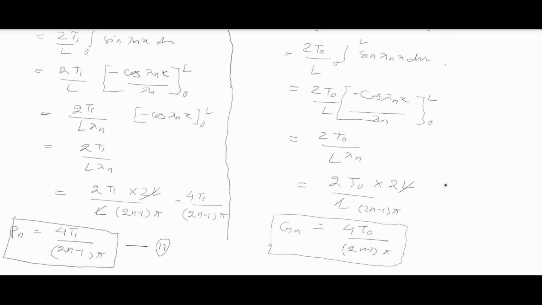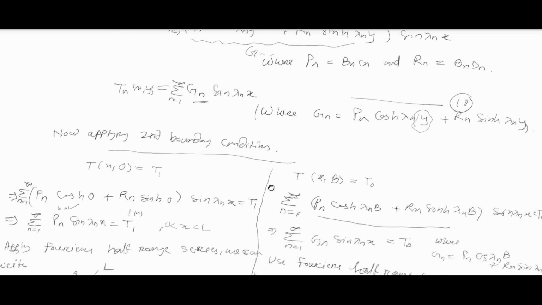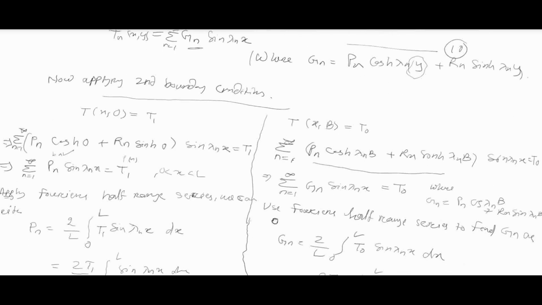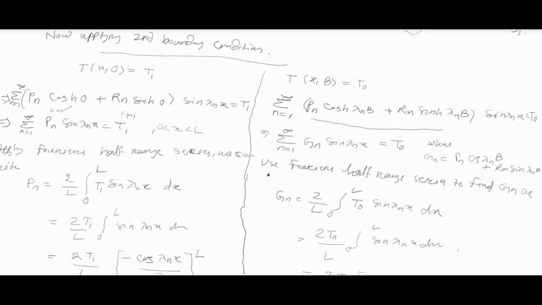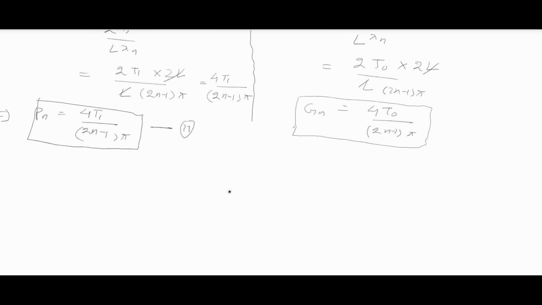So we have Pn and Gn. Now look at this equation. In this equation, we have taken Gn is equal to Pn cosh lambda n b and Rn sinh lambda n b. Let us use that here.